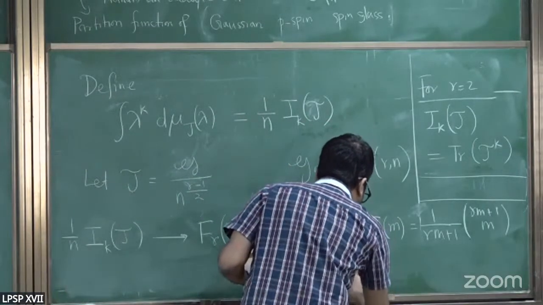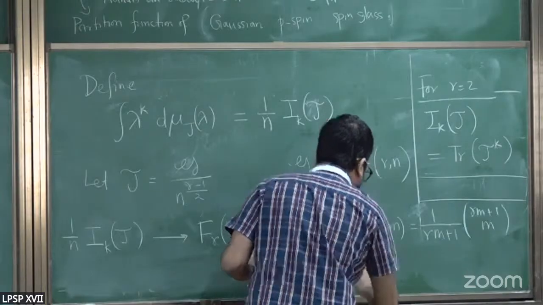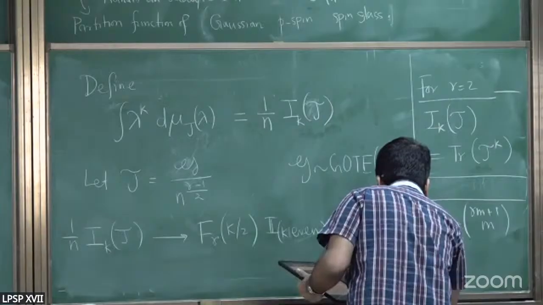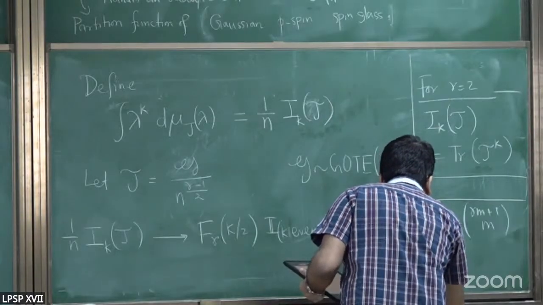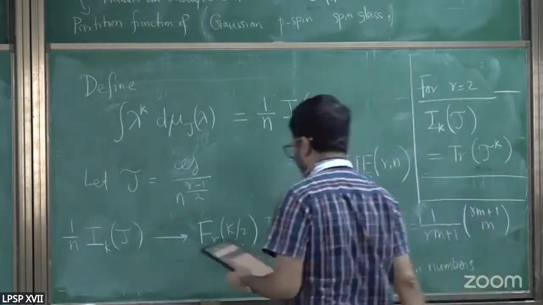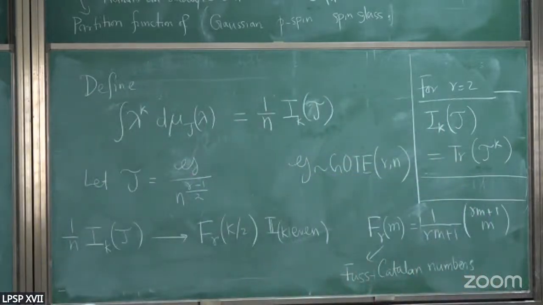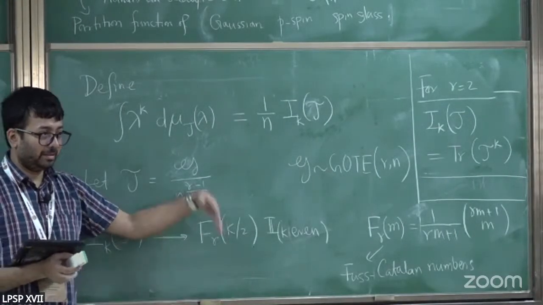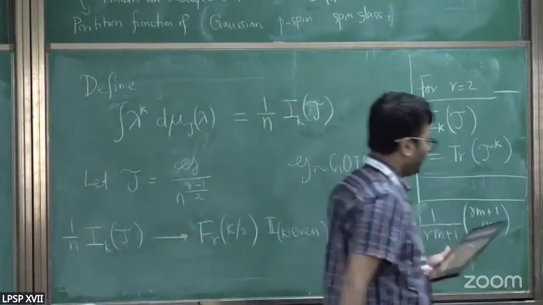These are generalizations of Catalan numbers that count non-crossing pair partitions. And they determine a compactly supported probability measure. That's the generalization of the semicircle law in this setting.